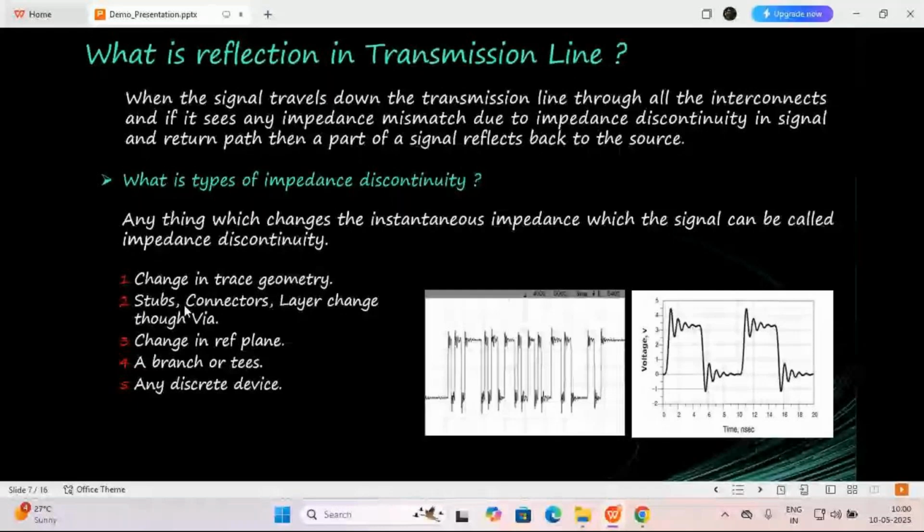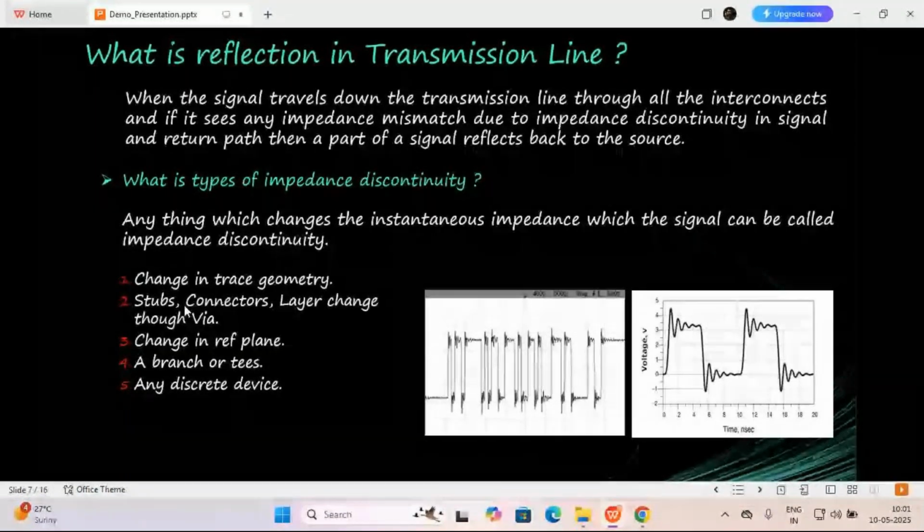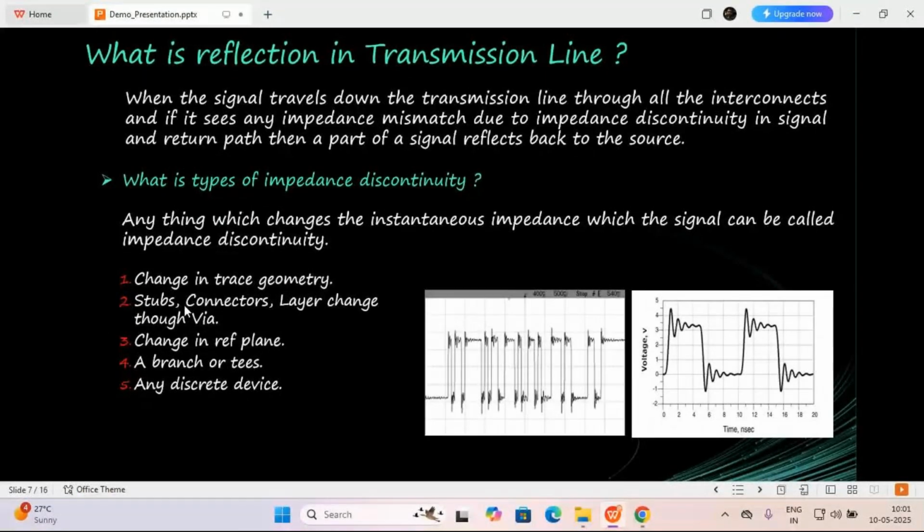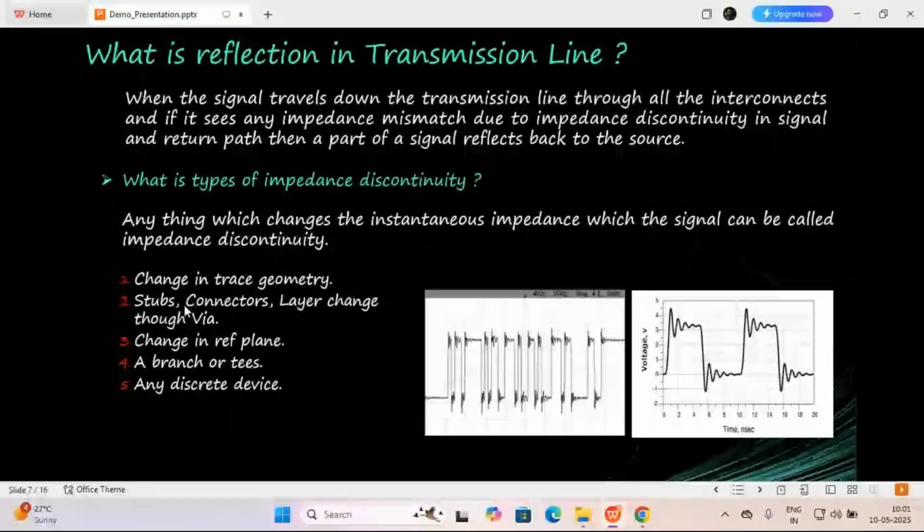If the signal at the end point, at the receiver point or the source point, is not terminated properly, it will result in reflection. So what is reflection? When a signal travels down the transmission line through all the interconnects, and it sees any impedance mismatch due to impedance discontinuity in the signal and return path, then a part of the signal reflects back to the source.